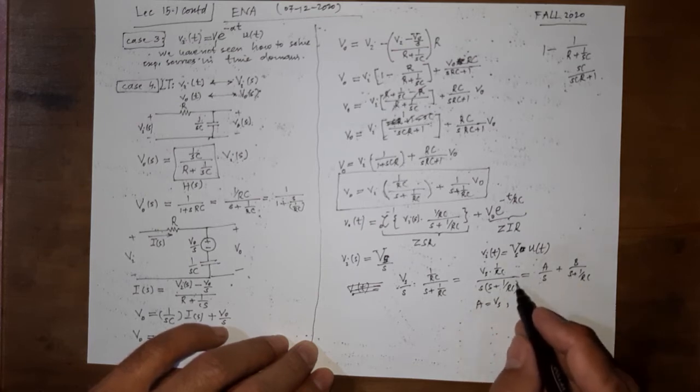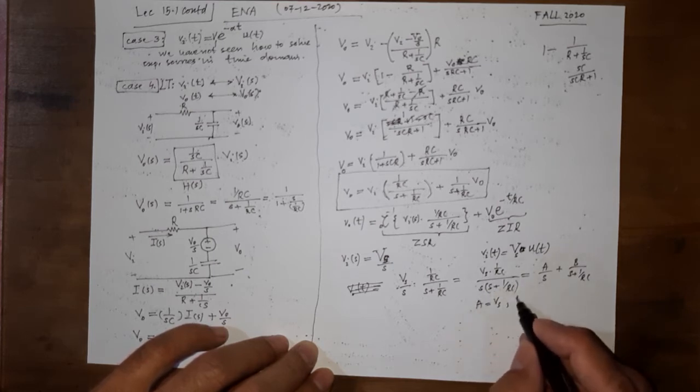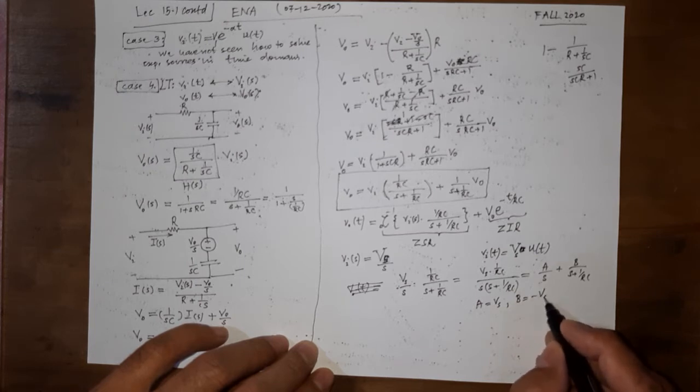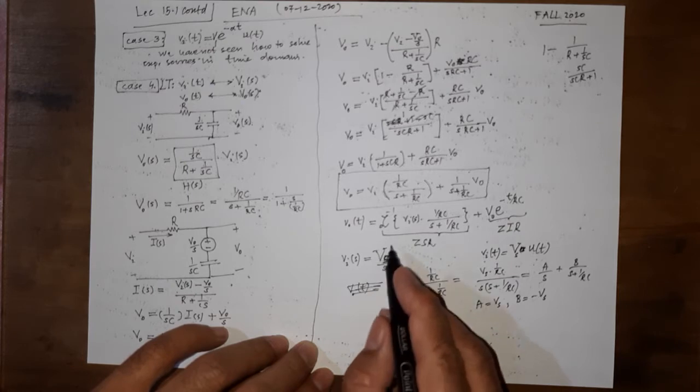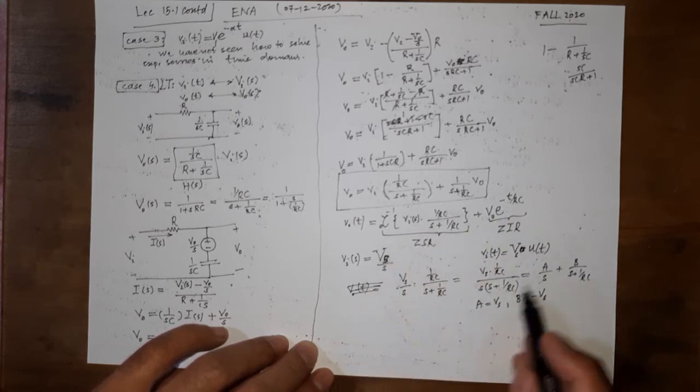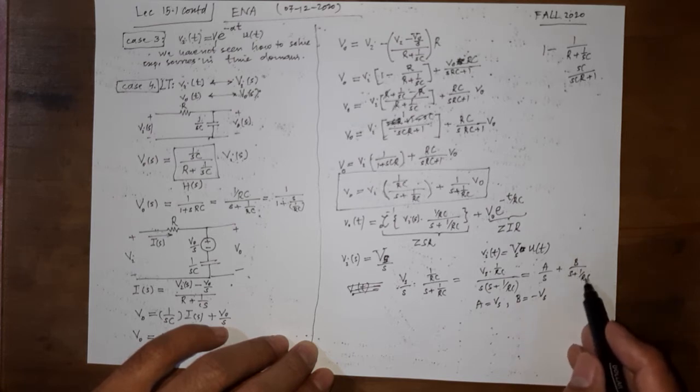And if we now multiply throughout by S plus 1 over RC and then put S equal to minus 1 over RC, we get B equal to minus Vs. So this term would be equal to Vs over S plus minus Vs over S plus 1 over RC.